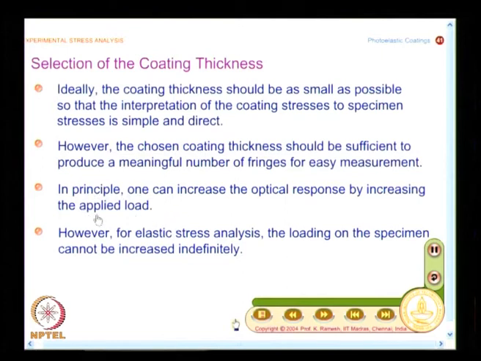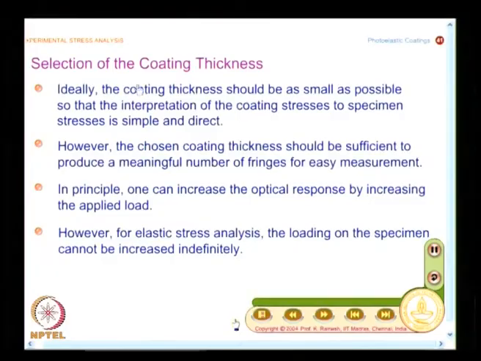Increasing the applied load, I cannot do it comfortably beyond a limit in the case of metallic components when I do an elastic stress analysis, because if I increase the load, the specimen may start yielding. You do not want the specimen to yield in normal service condition. So, there is an upper limit by which I can load it.